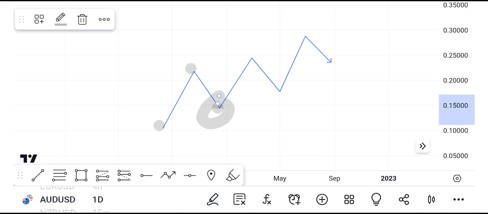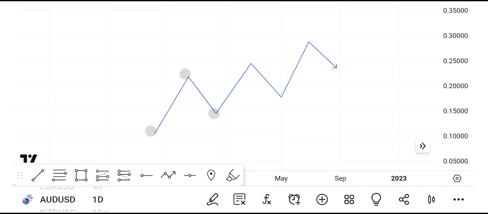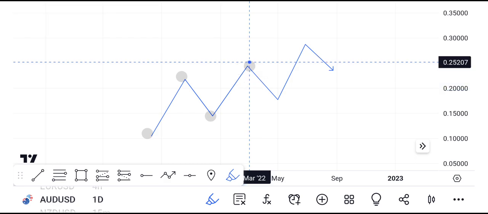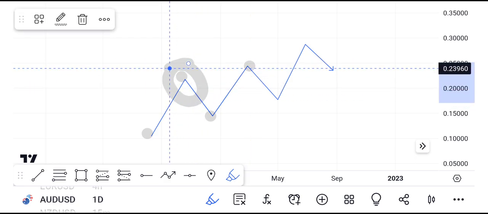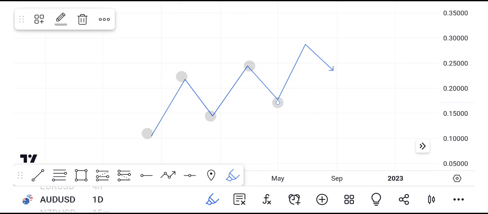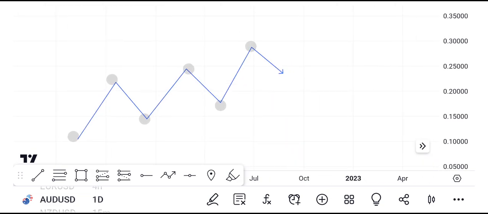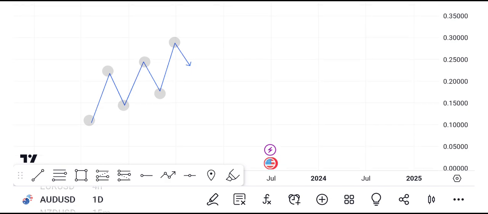So now we have our next high, which is higher than this high over here. Now we have our low again and our high. So as you can see, price is moving in a series of higher highs and higher lows.